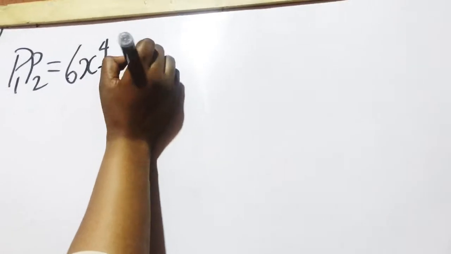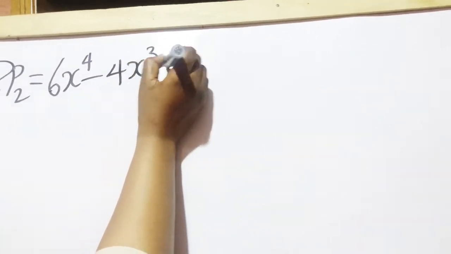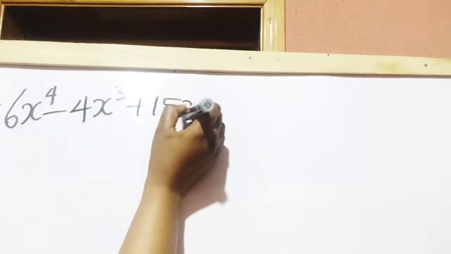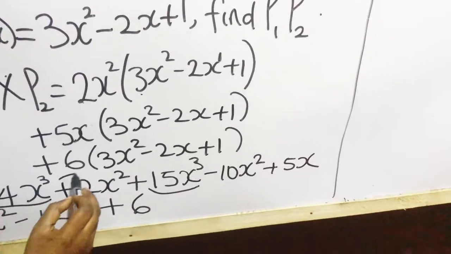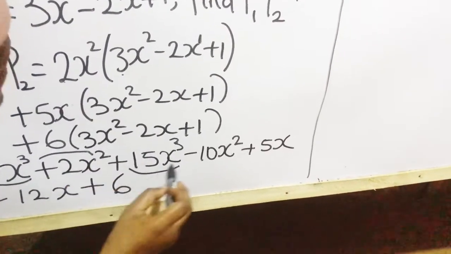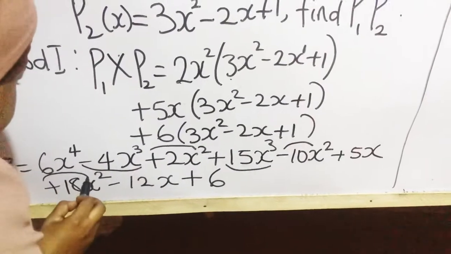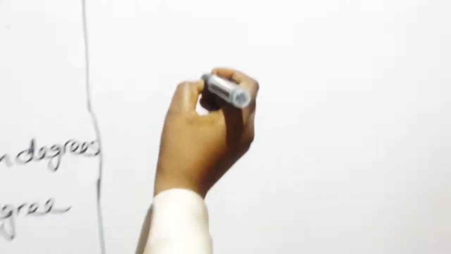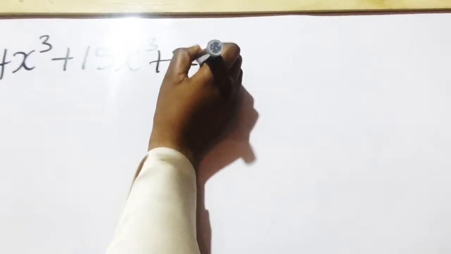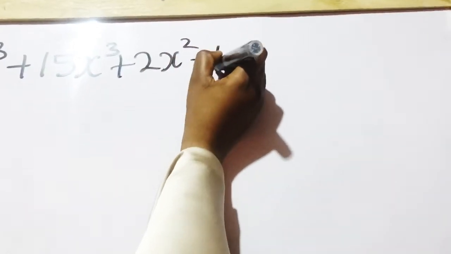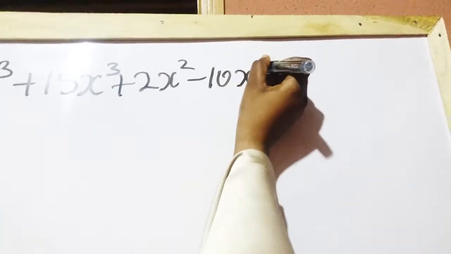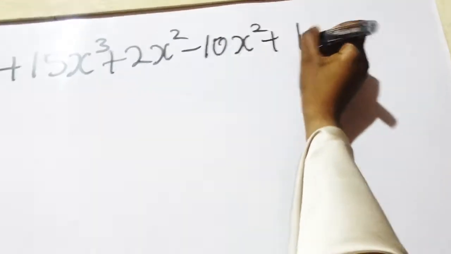Then followed by x squared: plus 2x squared minus 10x squared, then plus 18x squared.